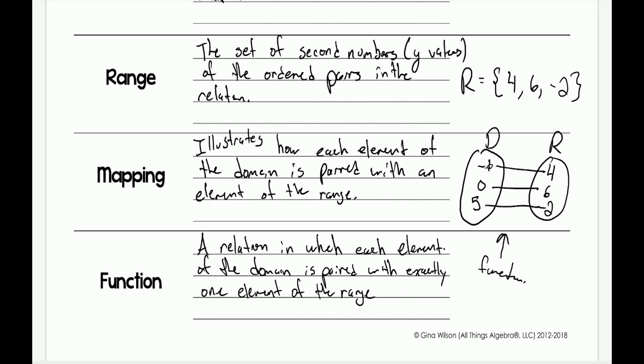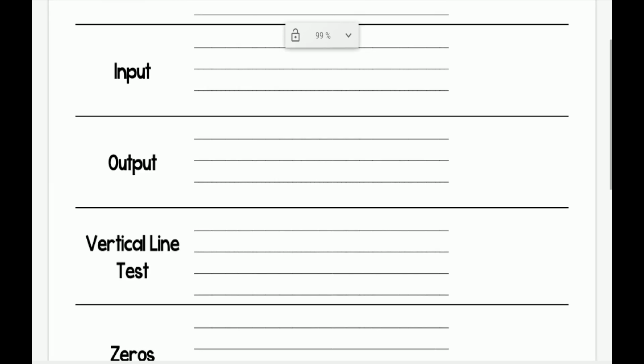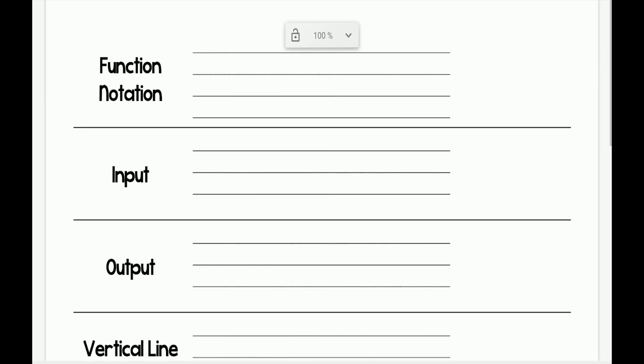Next, we're going to be talking about the next page, which starts out with function notation. So function notation is a way to name a function that is defined by an equation.